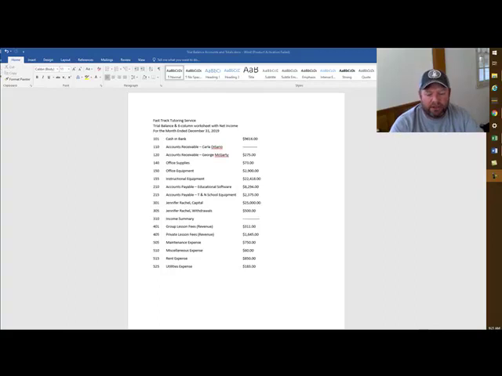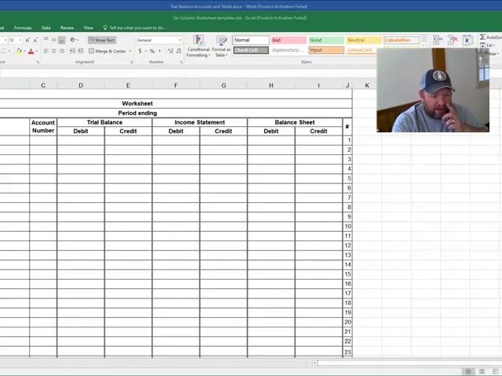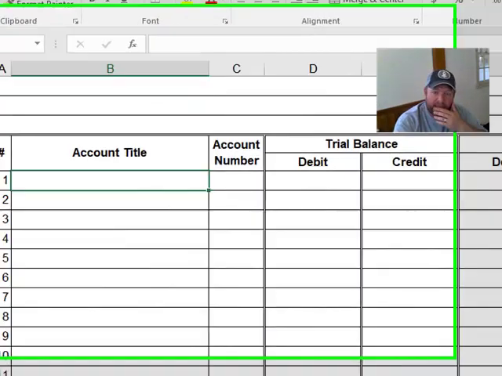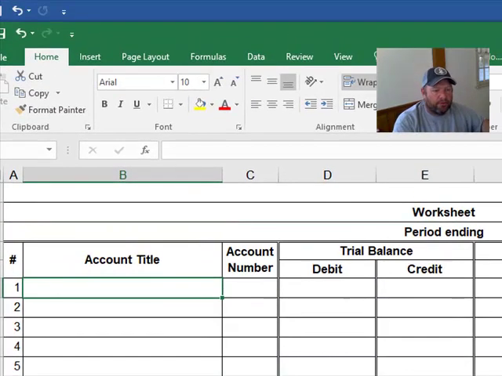But now you're going to take these accounts and post them to the 6-column worksheet. The 6-column worksheet, if you recall, looks something like this. So we're going to go ahead, and I'll do the first one here with you.